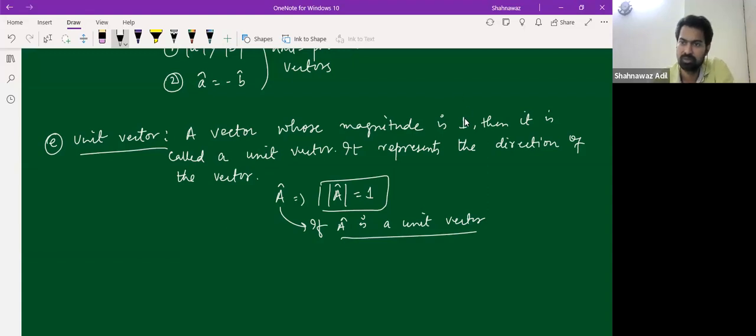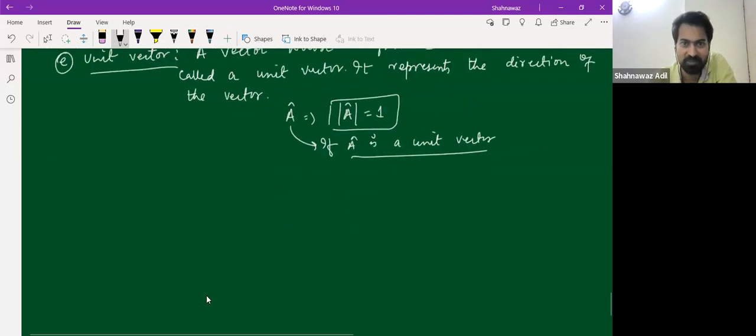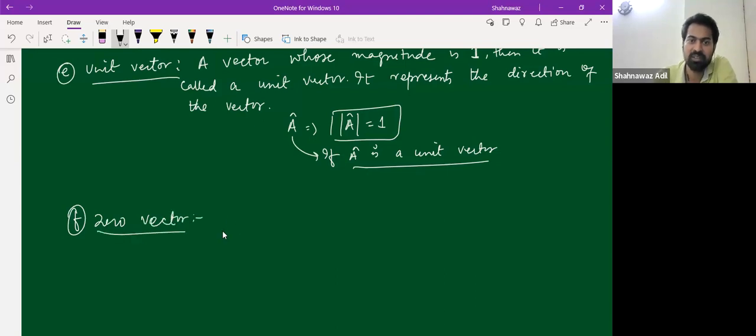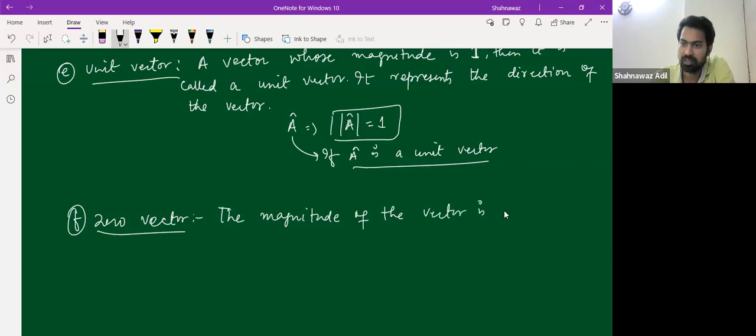There is one more vector: the zero vector. This signifies that the magnitude of the vector is zero.